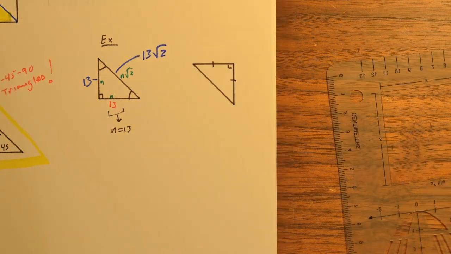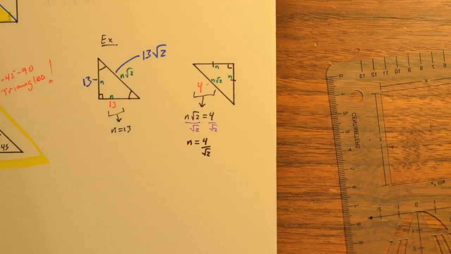Here's a slightly different example. We have an isosceles right triangle. In other words, it's a 45-45-90. And let's say we know the hypotenuse is equal to 4. Well, the hypotenuse is the n root 2 side. And so in order to find the legs, we need to find out what is n. So if n root 2 equals 4, let's solve for n.